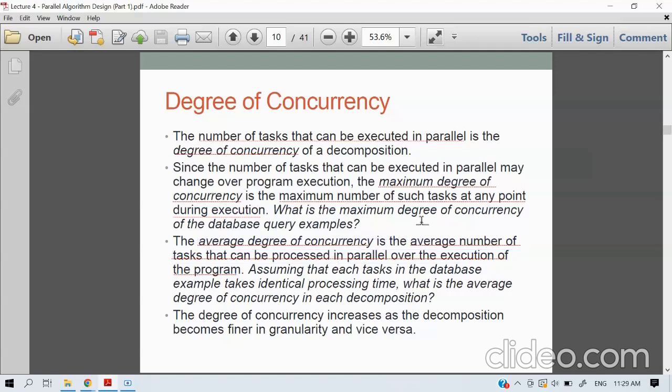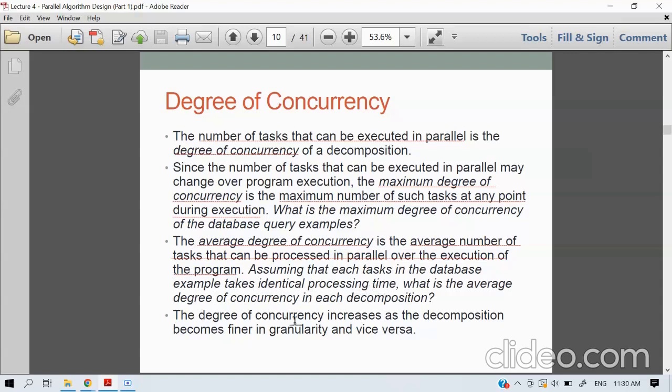The average degree is actually the average number of tasks that can be processed in parallel over the execution of the program, over the total work that we need to complete or execute. Okay, so assuming that each task in the database example takes identical processing time, what is the average? When we want to calculate the average degree of concurrency, we need to assume that all tasks take identical processing time, the same time of processing.